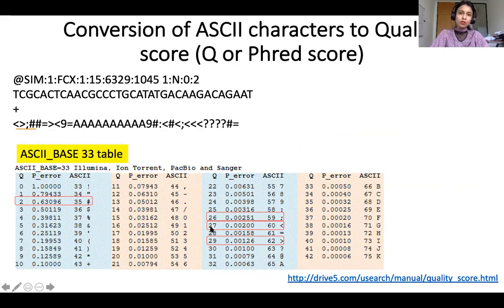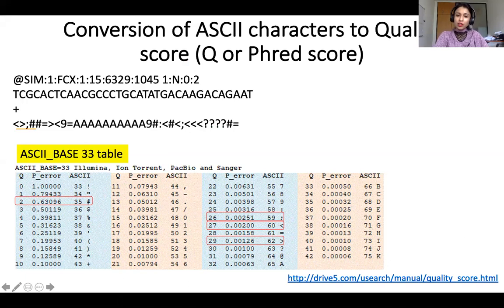The quality score is also known as the Phred score or just Q. This is the score for the first base, which is T. The quality is 27. The next symbol is the greater-than sign, and the quality is 29. You can keep reading. So with FASTQ format reads, it gives you the quality score for each base.